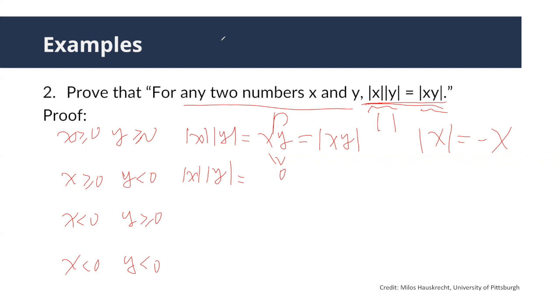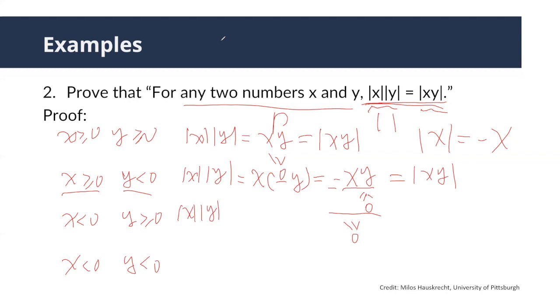Because x is non-negative, we can simply remove the absolute value operator. And now, since y is negative, the absolute value of y equals minus y. Then we have minus xy. Because x is non-negative, y is negative, we know x times y is non-positive. And since we have this minus sign in front of it, the minus xy is non-negative, and therefore is just equal to the absolute value of x times y.